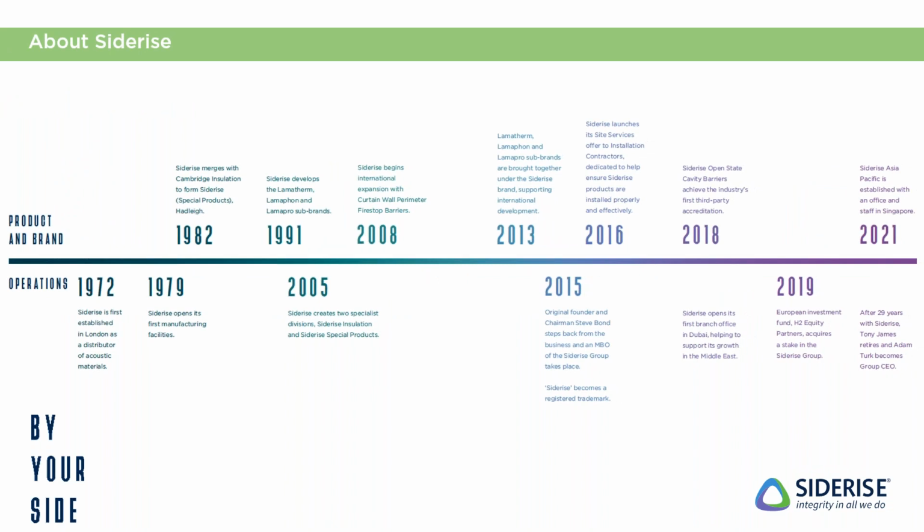We've been around for nearly 50 years, and we've got quite a long and interesting story and timeline, which started off as providing materials to the industry, mainly through distribution, but very quickly realizing that products needed to be far more tailored towards these applications.